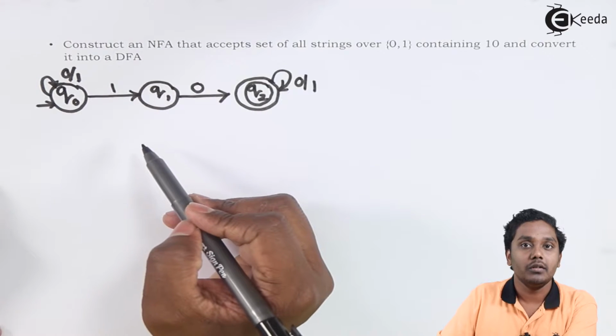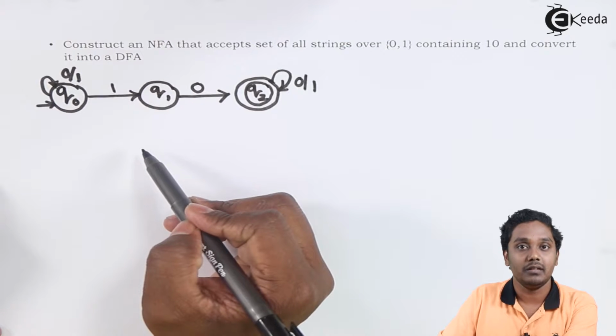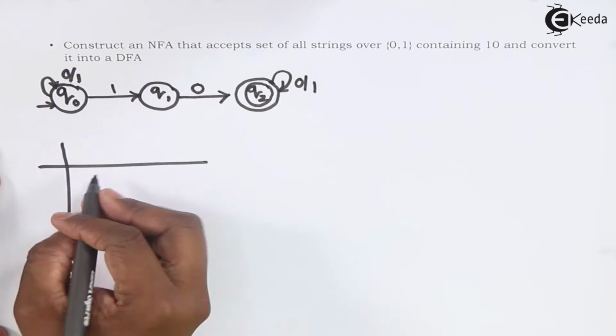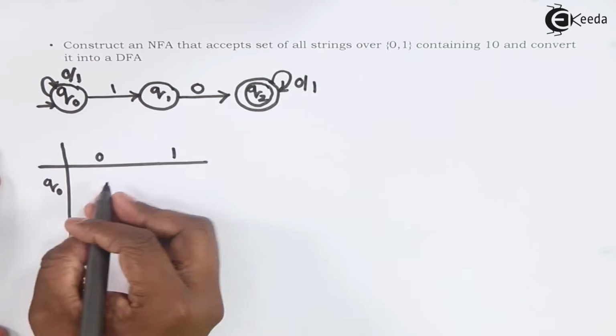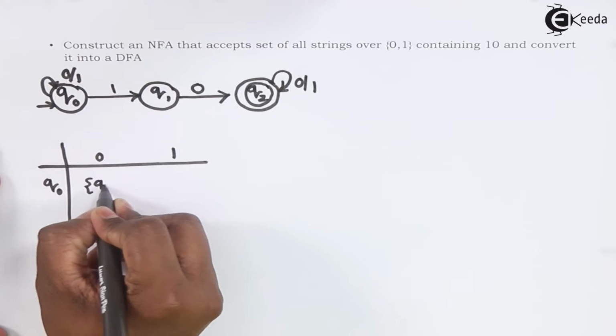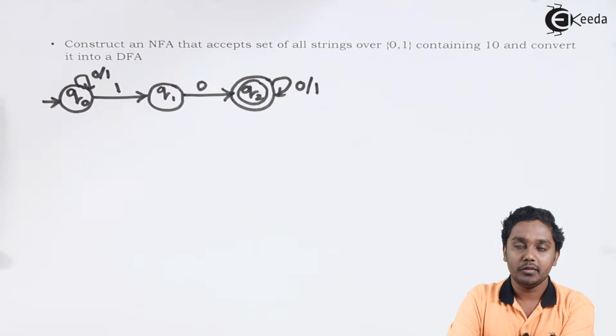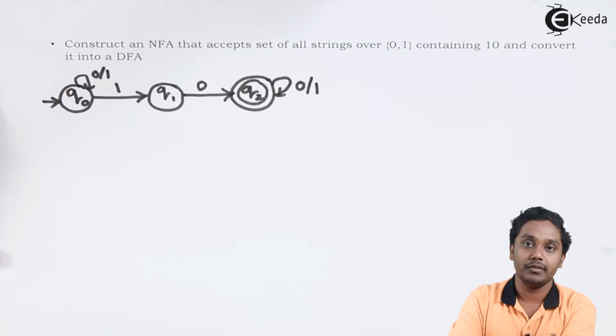Let us try to draw the transition table from the given NFA.